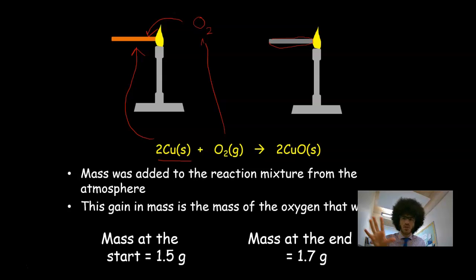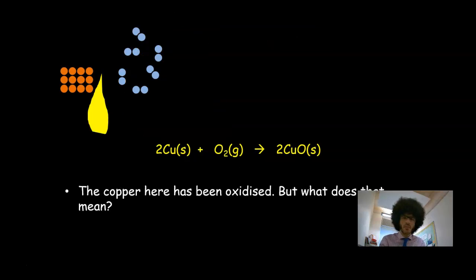That's one interesting reason why the mass seems to have increased. The other interesting thing to think about is what's going on in terms of oxygen moving. So let's look at this again by thinking about the particles. Here I've re-shown the reaction, with particles that form a lattice. That is the copper wire I've put into the Bunsen burner flame, zoomed in. There are billions and billions of atoms inside this lattice, and I've only shown a very small number.